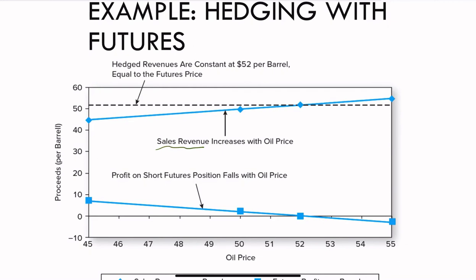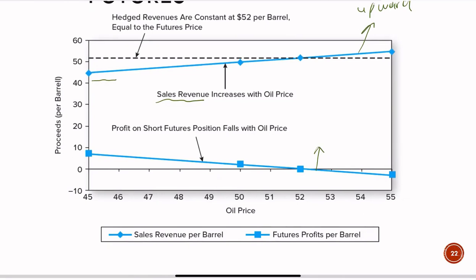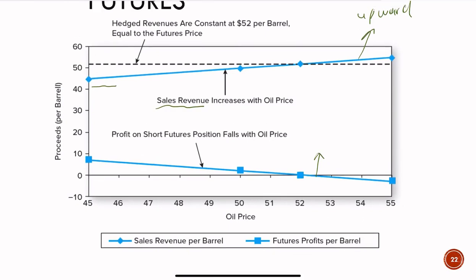Obviously, if the oil price is higher, then your sales revenue from your oil position will be higher, so you have this upward sloping line. For this lower curve, because you have a short position in futures contract, if the oil price is higher, then your profit on the short position in futures will be lower.